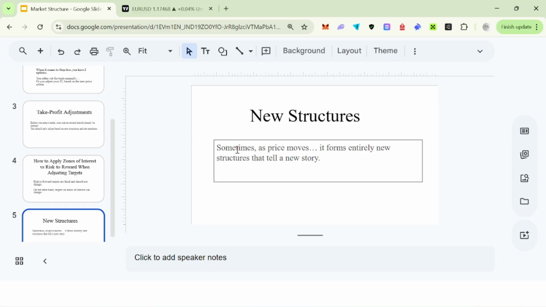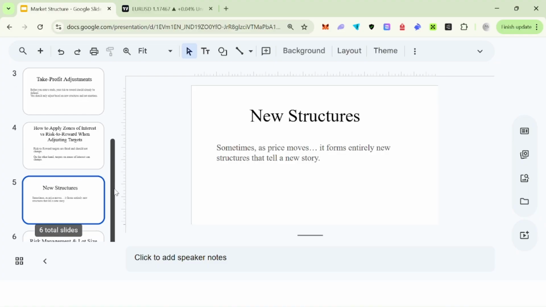New structures. Sometimes as price moves, it forms entirely new structures that tell a new story, which is what I just explained basically. So sometimes as price moves, it forms entirely new structures, and these new structures sometimes give you an invalidation point. That's the point where the trade idea is no longer valid.